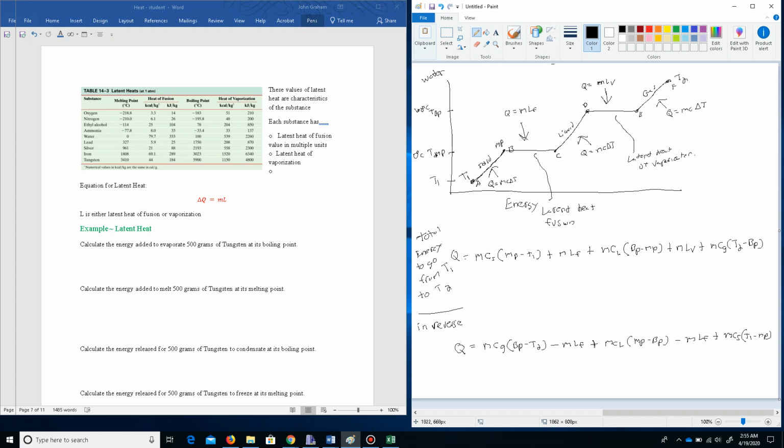And this is going to be negative since the melting point is higher than T1. So all of these will be negative. You will end up with Q equaling some negative value. I'll just put a number symbol. Okay, so that's how this would work.